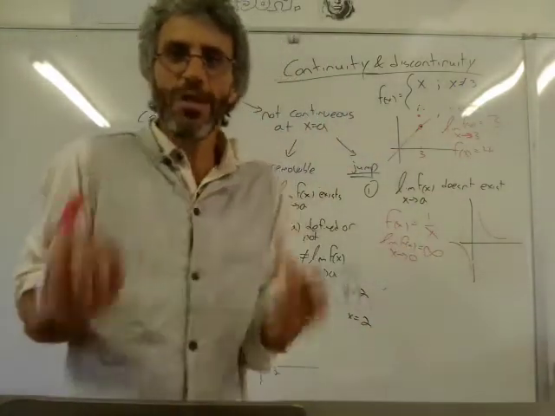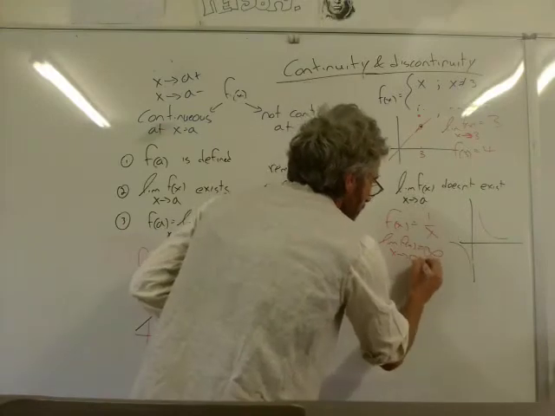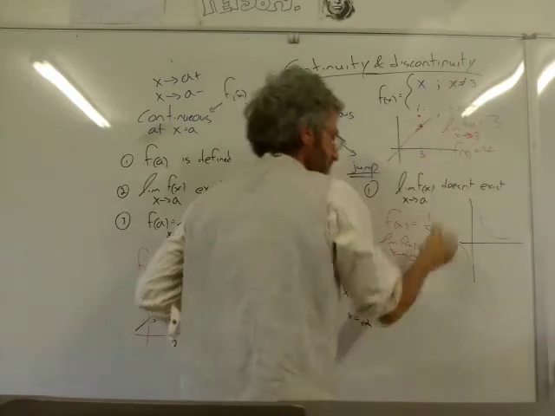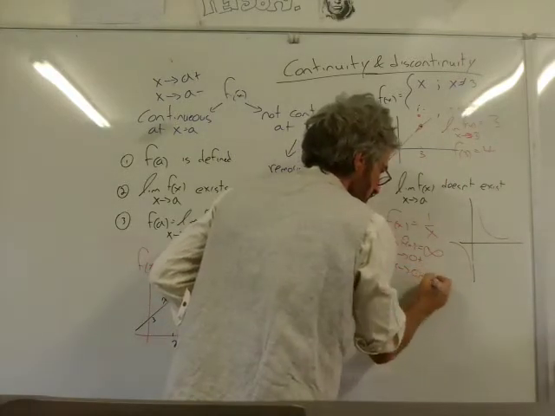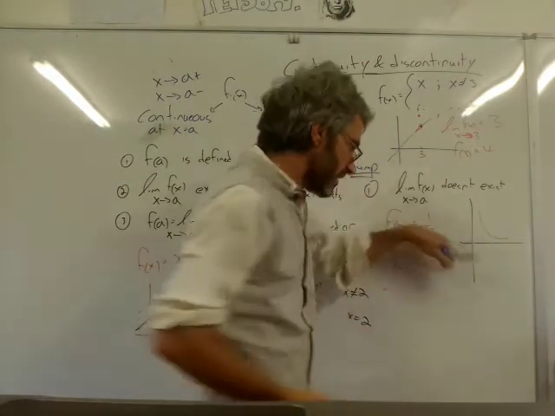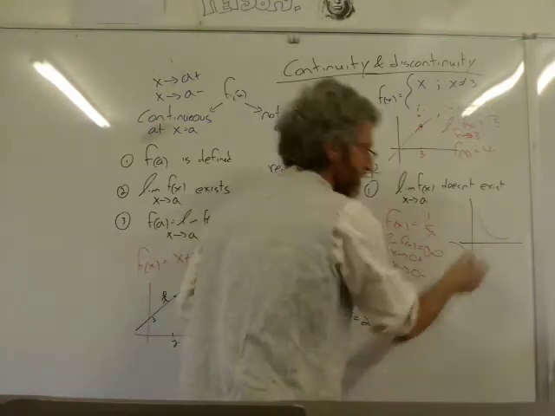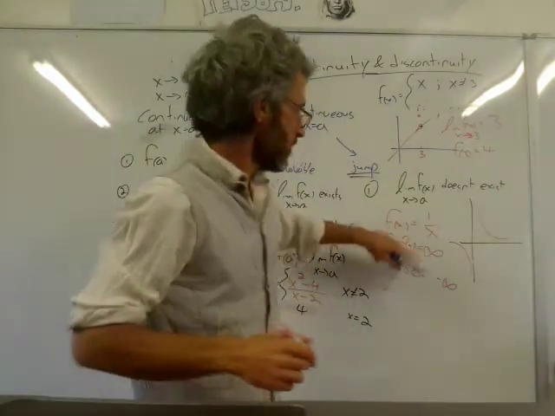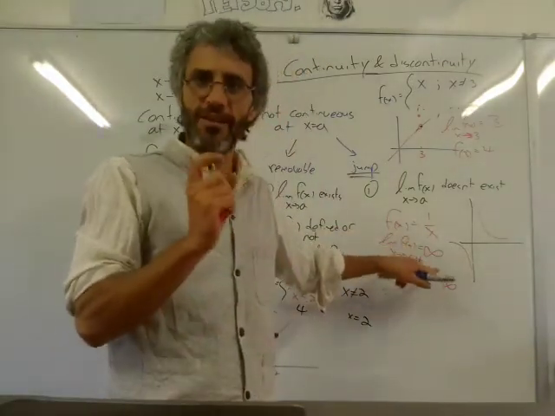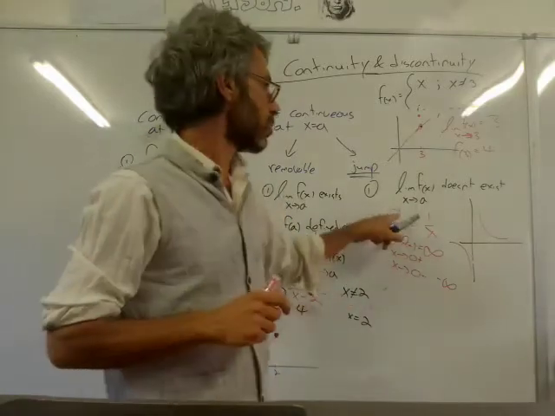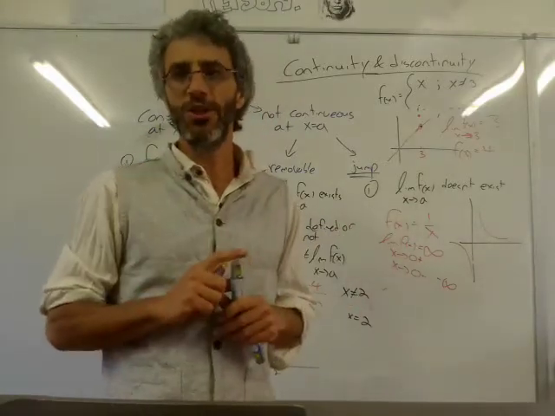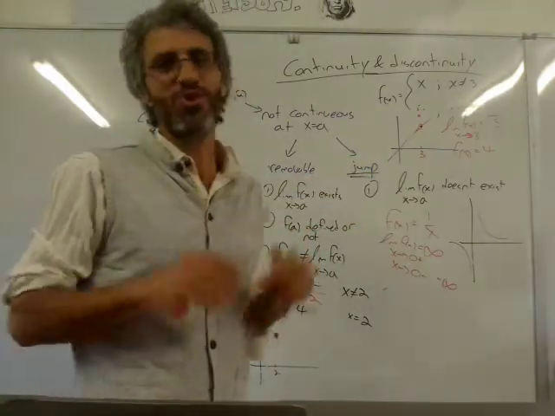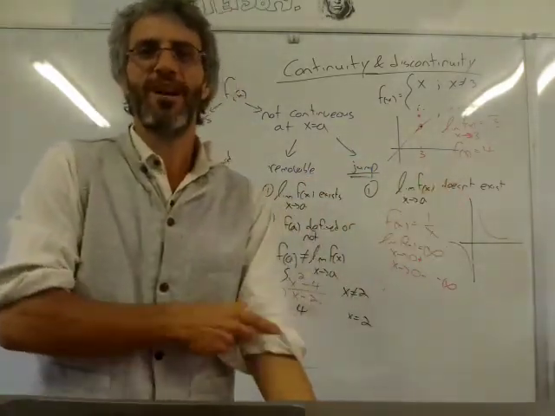In fact, there is not even a limit, because if I go from the positive side of 0, it goes to infinity, and if I go from the negative side to 0, it's going to be minus infinity. So there's a huge jump there. In fact, because it doesn't go to any number, it's infinity, we should really be calling these infinity discontinuities or something like that. It's not really a jump discontinuity, but in the textbook that we're learning, we classify them the same.